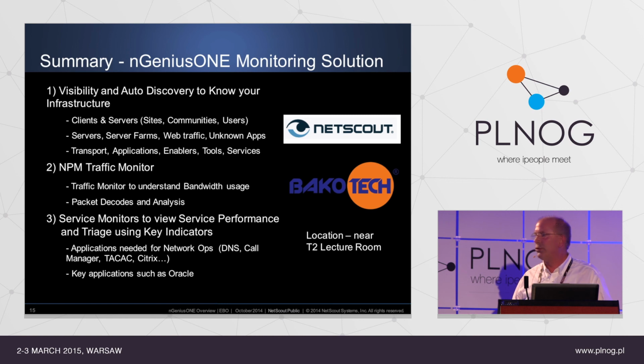The transport system, meaning the infrastructure itself, the enablers and the applications all work together. So it's not just about packet drop, response time and jitter, but maybe a combination of a lot of things. So we differentiate between application performance monitoring and monitoring the network infrastructure itself.